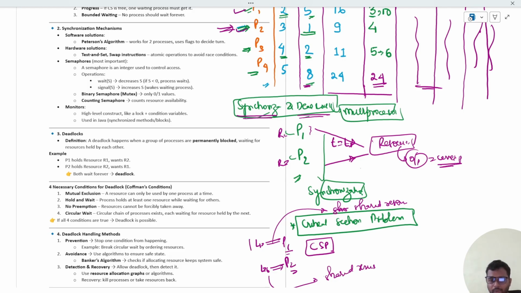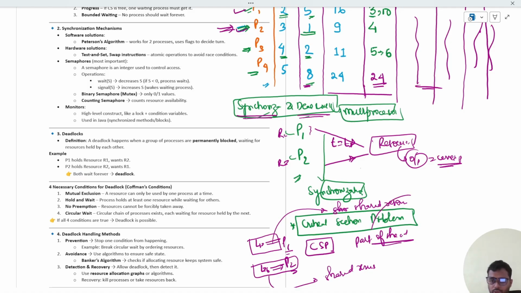So L1 is called the critical section and L6 is called the critical section. The part of the code which accesses the shared resource is called the critical section.